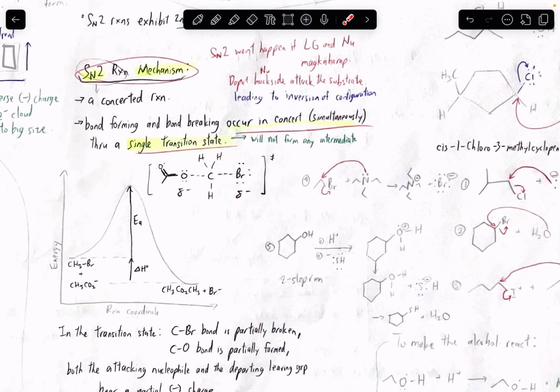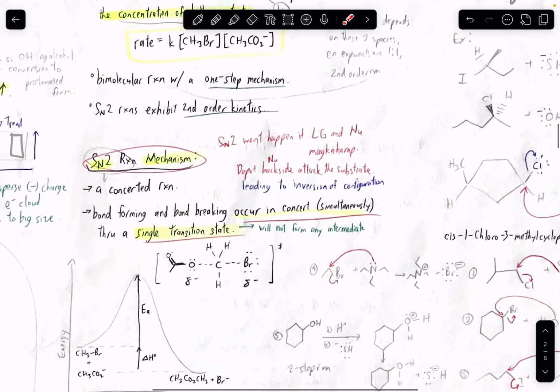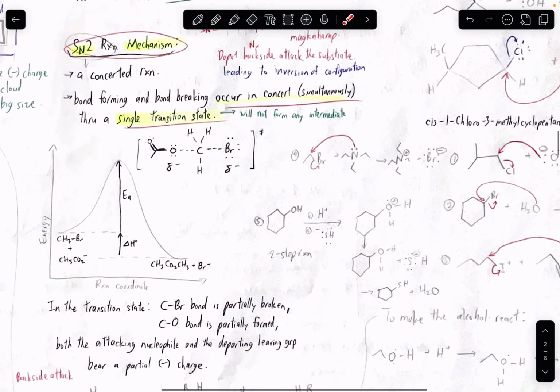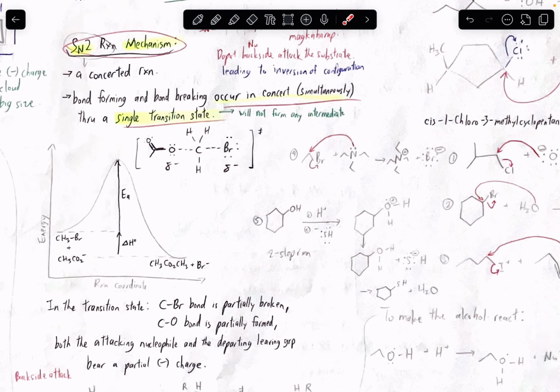Let's go here first. The Sn2 reaction mechanism is concerted. That means when you look at a graph, you only have one mountain. When we move to the Sn1 reaction, it's called a stepwise reaction, meaning there is more than one transition state. Here, since it is concerted, we only have one transition state.